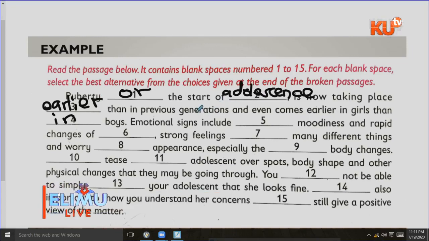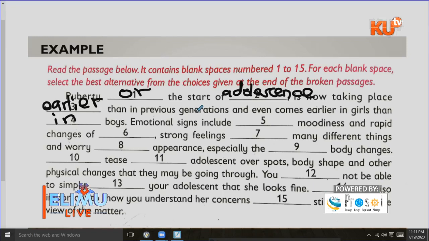So then you settle on the correct one, which is puberty or the start of. Then you must have a reason for the correct answer, and you must have reasons for the three answers or choices that you left out. So I pick or because puberty is just another name for the start of adolescence.